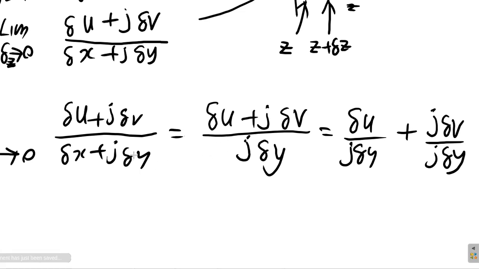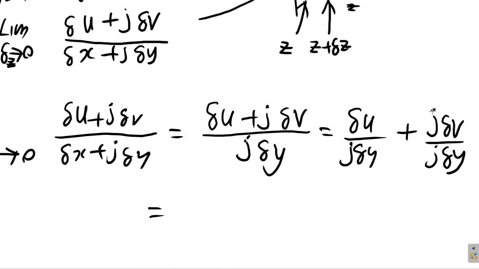Now, how do we deal with this part of things now? Here, what we have is del u over j del y.